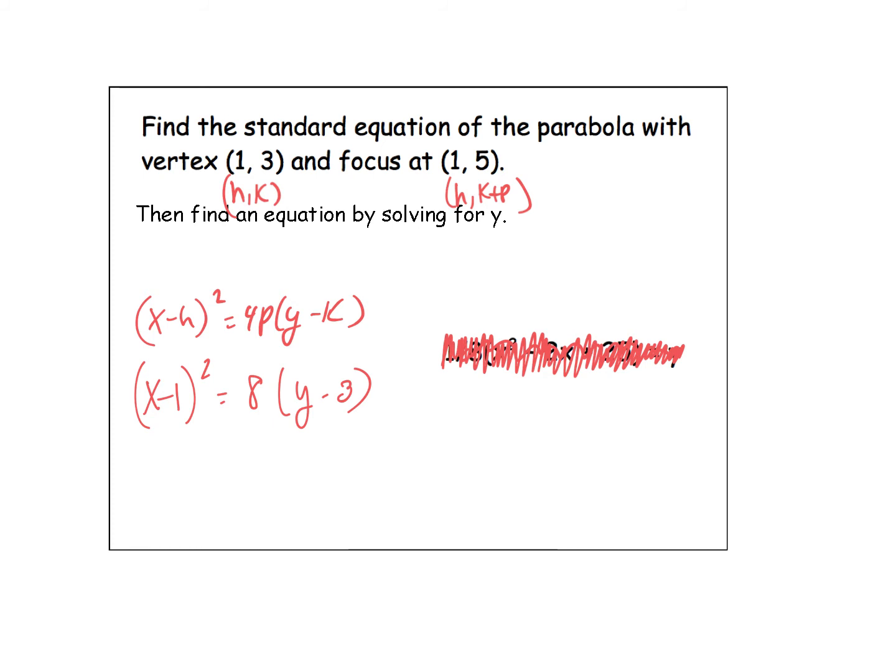Gotcha. All right, and now since it says to solve for y, that's exactly what I'm going to do. I'm going to FOIL the left-hand side out, distribute on the right, and then isolate. So I would have an x squared minus a 2x plus a 1 equaling an 8y minus a 24. Add your 24 and divide by your 8.